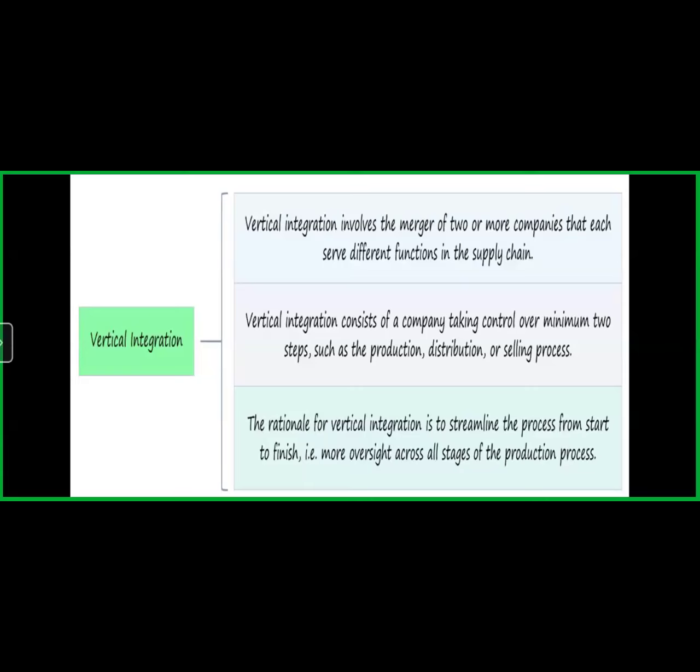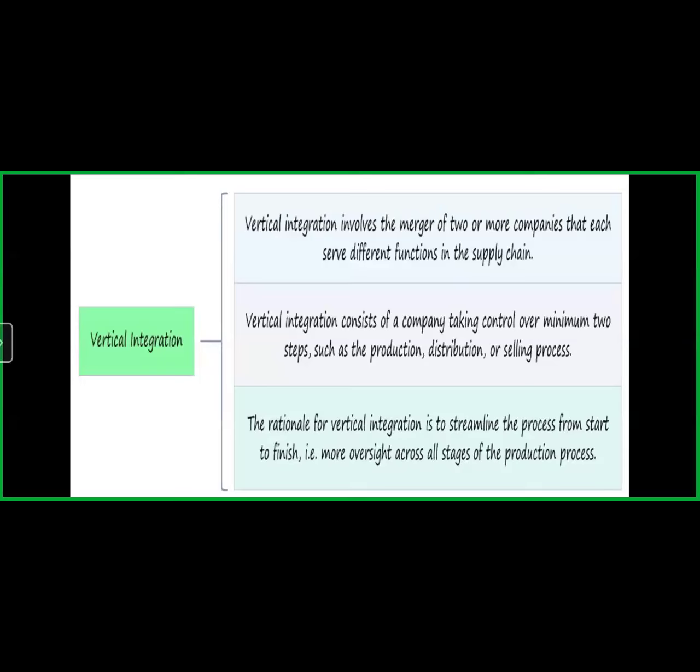Vertical integration involves the merger of two or more companies that each serve different functions in the supply chain. Vertical integration consists of a company taking control over a minimum of two steps, such as production, distribution, or the selling process. The rationale for vertical integration is to streamline the process from start to finish, that is, more oversight across all stages of the production process.